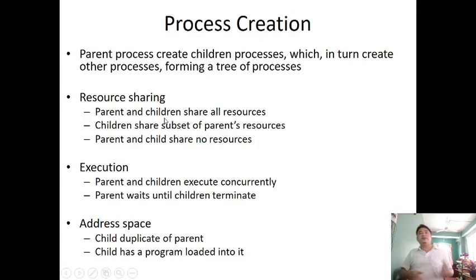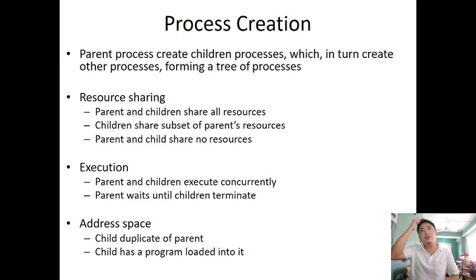So there are two scenarios you have seen. I just repeat: whenever a parent process creates a child process, from the execution point of view, the parent and child may execute concurrently, or the parent will wait for the child to terminate normally. From the address space point of view, the child may have the same copy of data and instructions that the parent has, or it may get loaded with new instructions and data based on which it has to work.